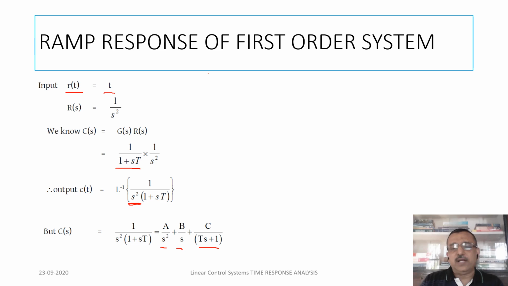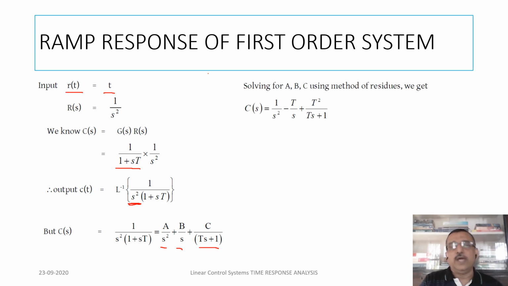I would recommend that you use the method of residues, or use whatever method you want. You find a, b, c. So a is 1, b is minus T, there is a minus here, b is minus capital T, and c is tau square by s plus 1. Now what is c(t)? L inverse of these. What is L inverse of 1 by s square?